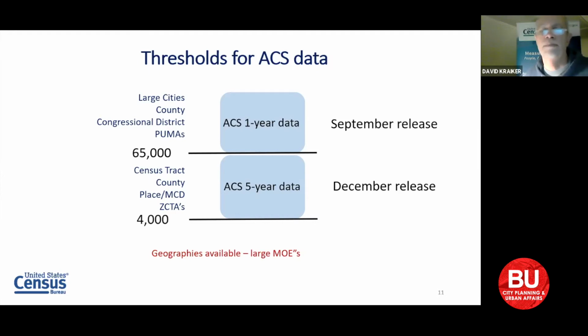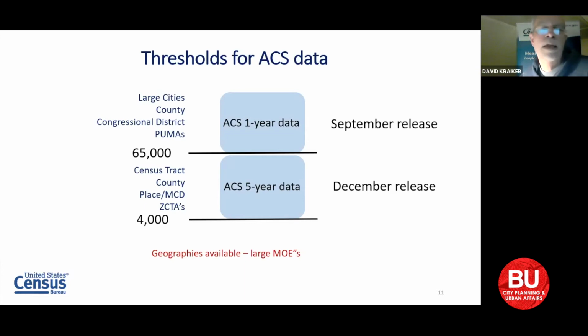So notice the 4,000 mark down here. That means that this data is good and reliable down to a population of about 4,000 people. And under 4,000 people, the data is still there, but you have margins of error that get a little bit larger and a little bit larger, or you have dropout because not everybody answers every question on the form.